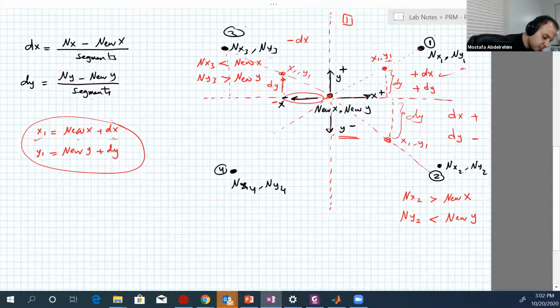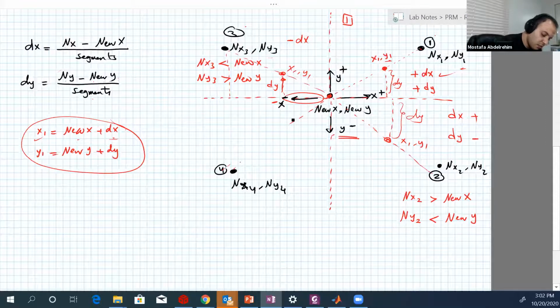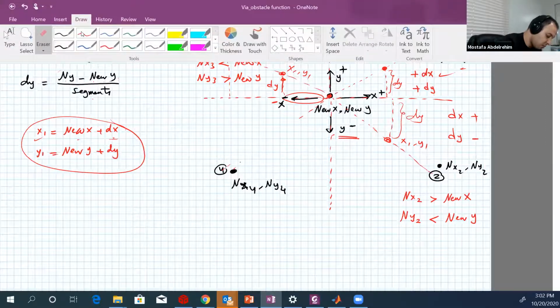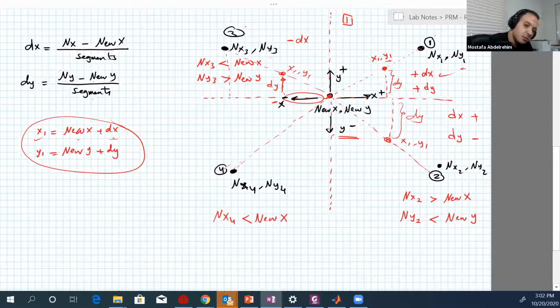The last one, this is to the left of new x in the direction of the decreasing of x. So x is decreasing, so nx4 is less than new x. And also it's below new y. So ny4 is less than new y.